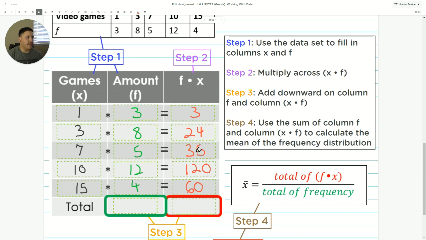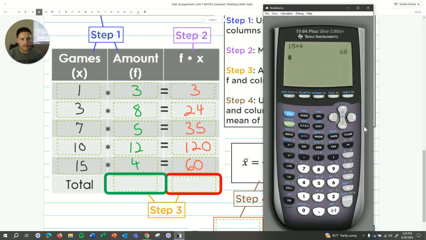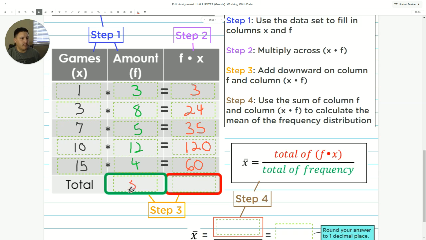Okay, now, step 3, we're going to add these columns down together. So, for the green column, the F column, 3 plus 8 plus 5 plus 12 plus 4 should be about 32.